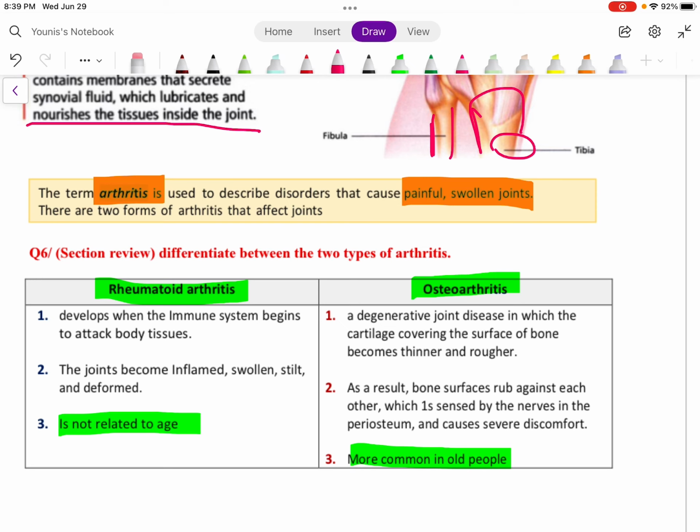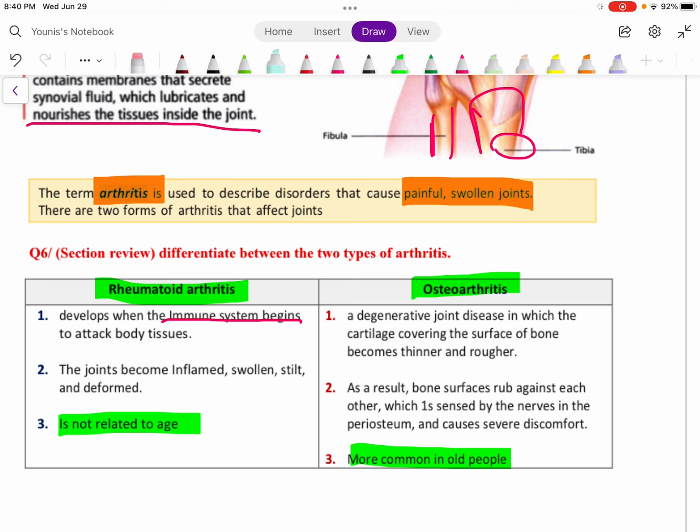The main difference is that rheumatoid arthritis is an autoimmune disease. So when the immune system attacks the joint tissues, this can result in rheumatoid arthritis. So it's an autoimmune disease.